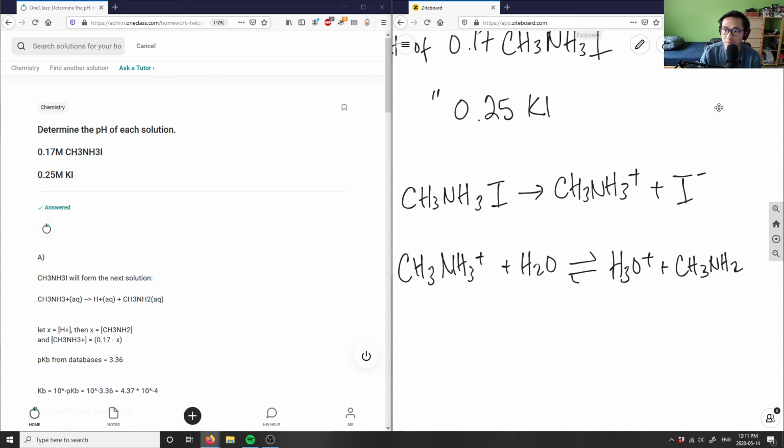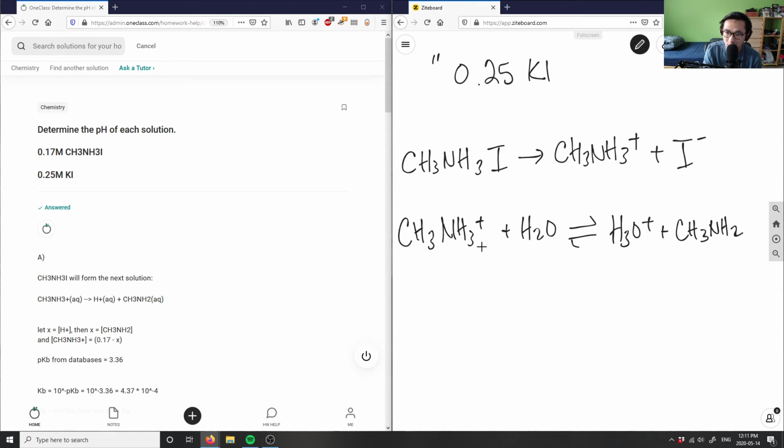This is all in aqueous solution, so I can write the states as well, AQ, and this is AQ as well. In my equilibrium equation, it's going to form my hydronium ion, and then I'm going to form CH3NH2 here, the methylamine.